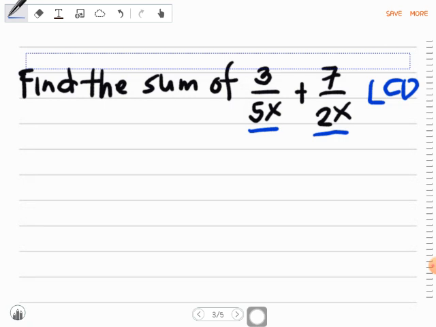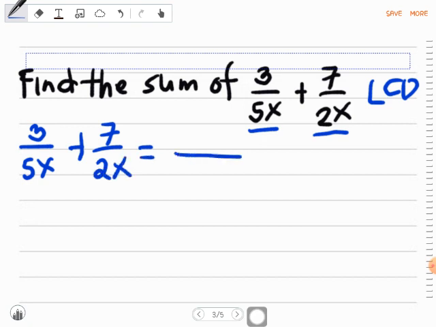Since ang 5 at 2 wala nang factors, i-multiply na lang natin ang dalawa. So we have 3 over 5x plus 7 over 2x. At ang makukuha natin product ay 10. And then, ikokopya lang natin yung x.